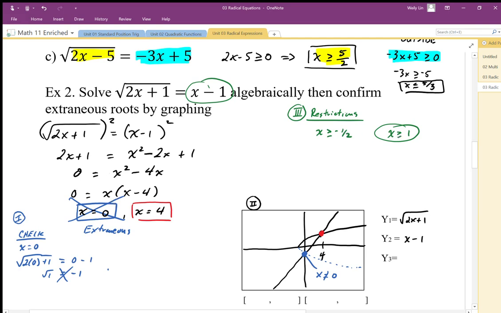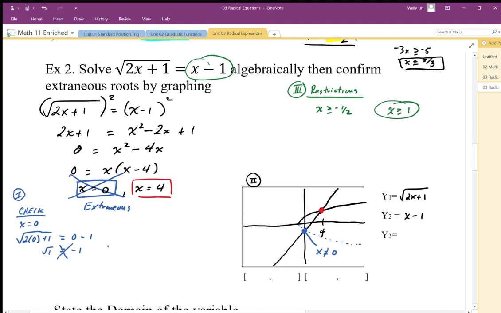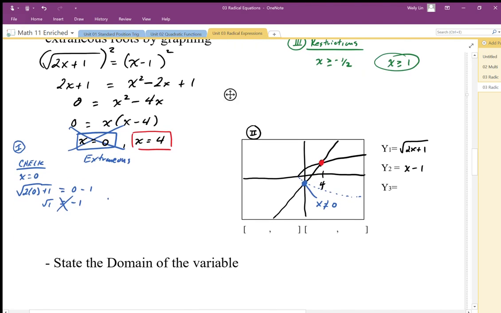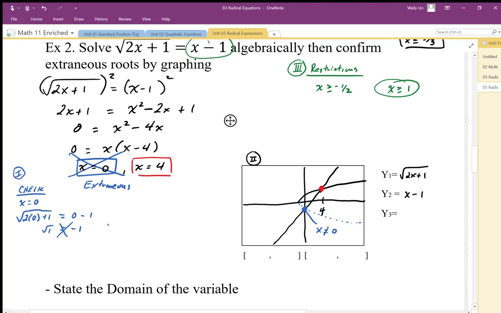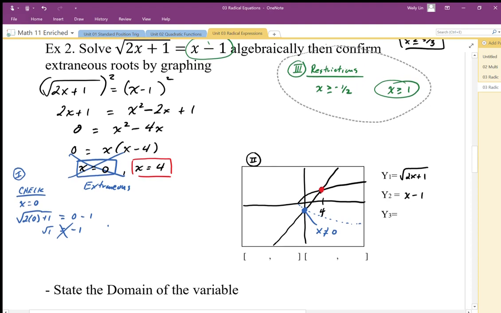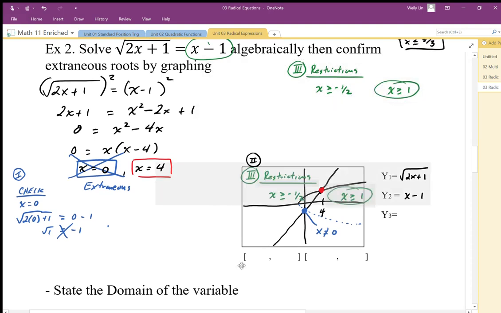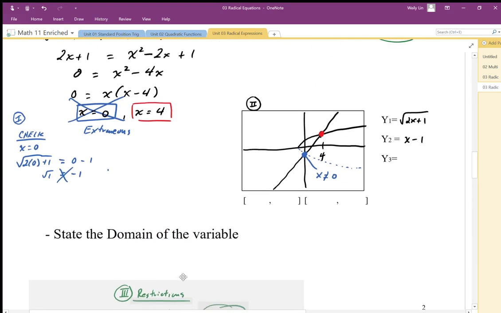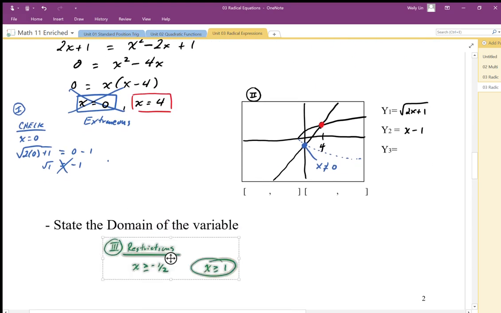And so there are 3 different ways we can confirm extraneous solutions. By stating the domain, in fact maybe I should put that here, by stating the domain we can determine whether we have extraneous solutions or not.